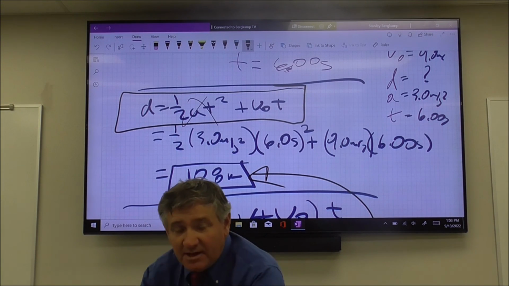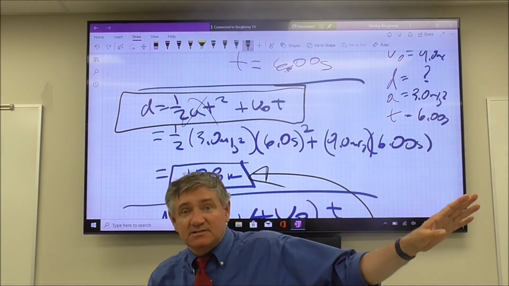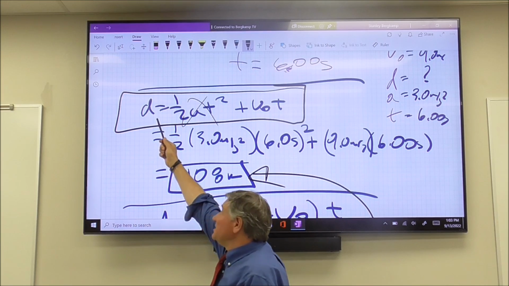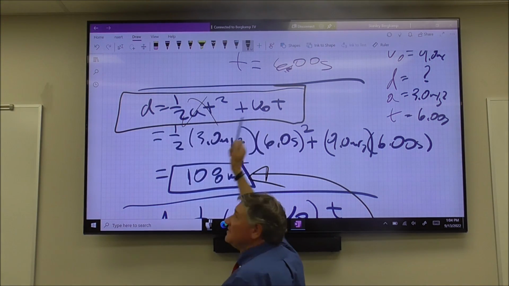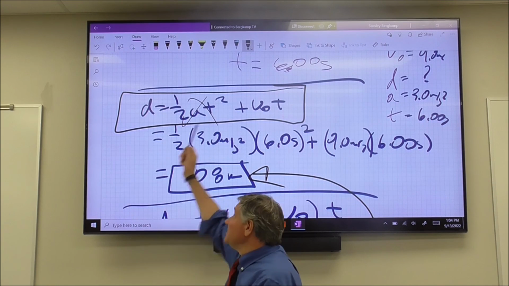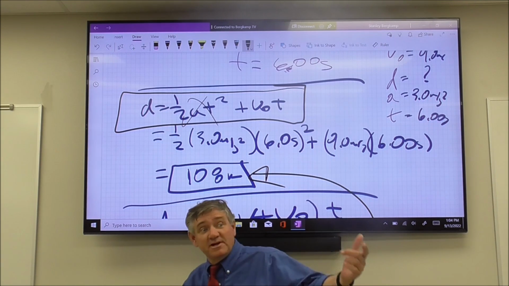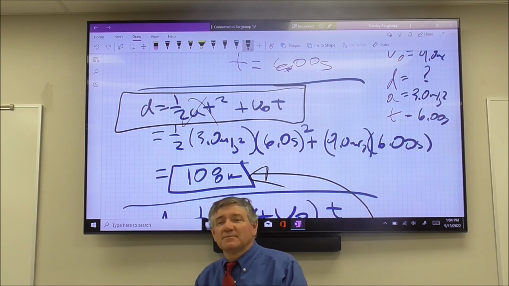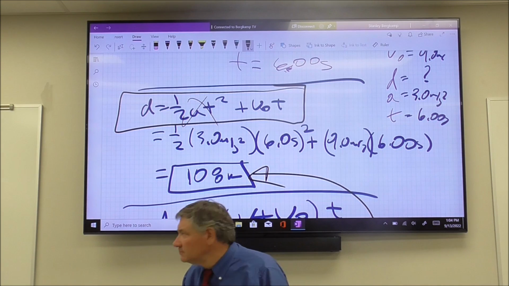I don't have any. If I'm at constant velocity, I don't have any acceleration, right? If I don't have any acceleration, guess what? You get distance equals velocity times time. Yes. So you can use this both with accelerated motion and with constant velocity.